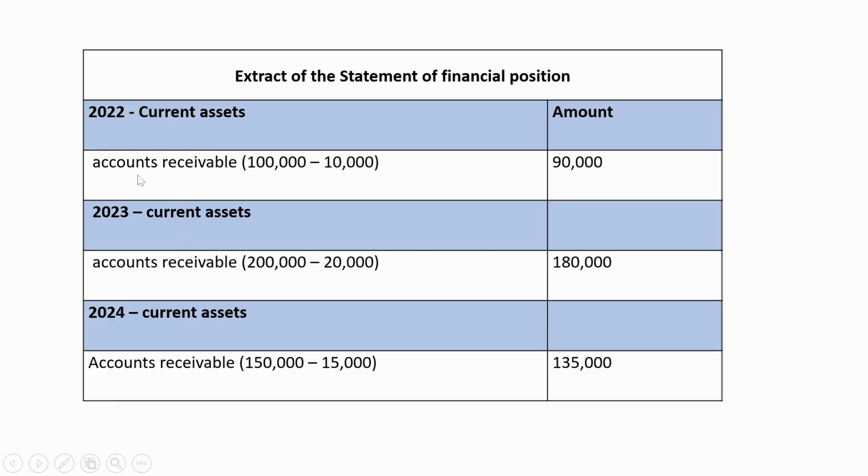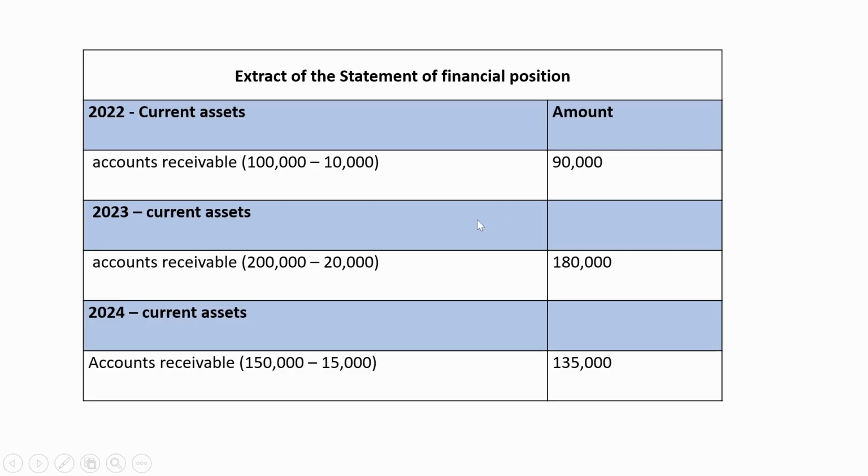So when you go to the first year, 2022, under the current assets, that is where we are going to show accounts receivable. The amount was 100,000, but we are not going to show 100,000. Instead, we are going to deduct the provision for doubtful debts. So the amount we are going to record is 90,000.